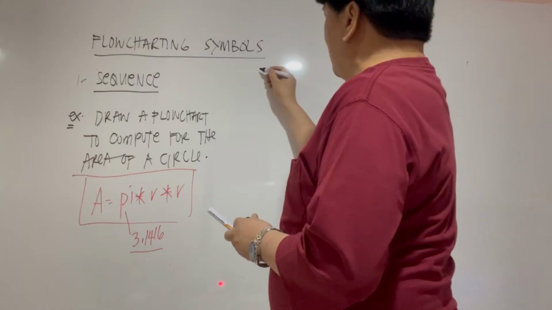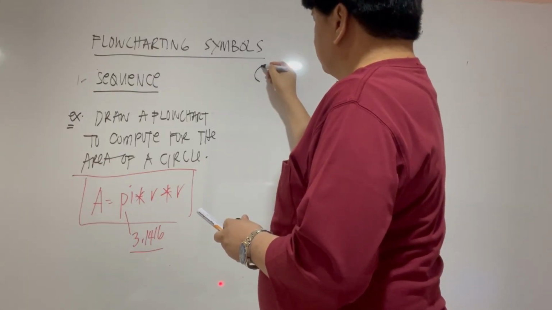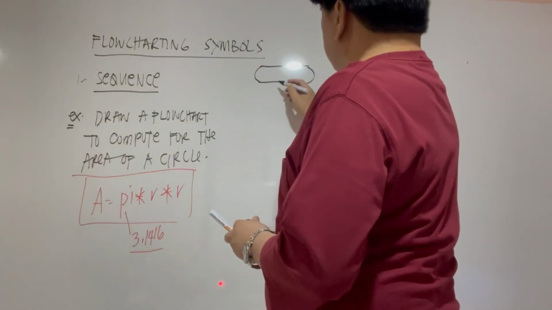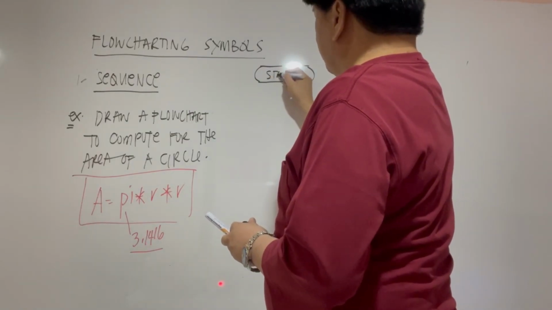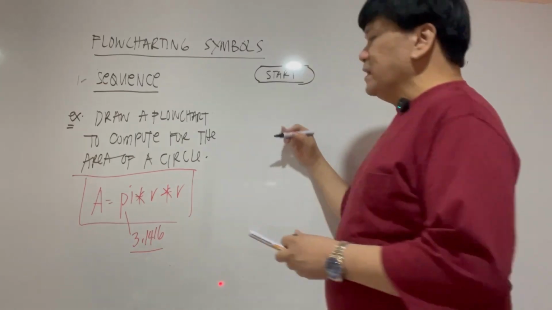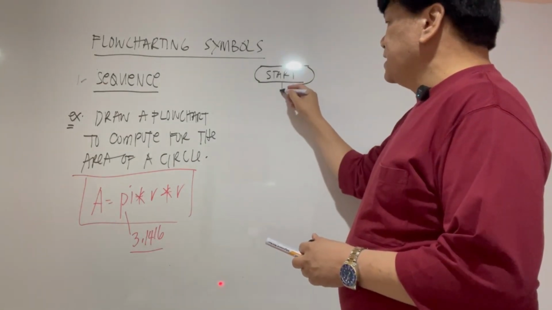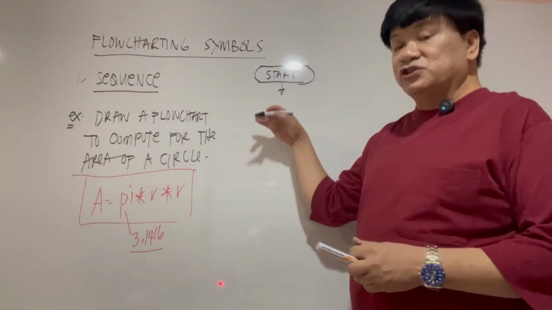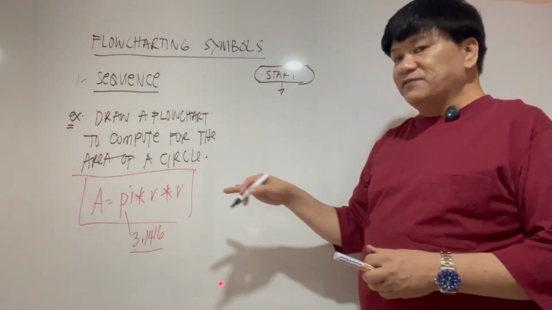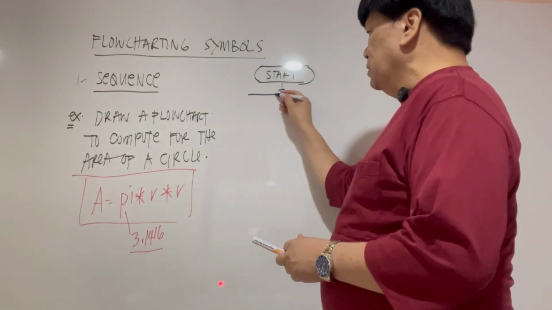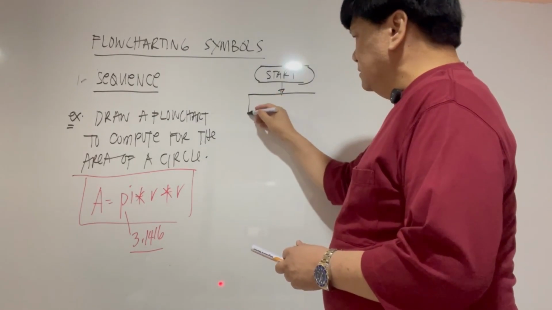Now, let us draw the flowchart representation for this problem. Let us start with the oval. This is used for the start. What is next? We can initialize or set a value for PI using the processing symbol, the rectangle.